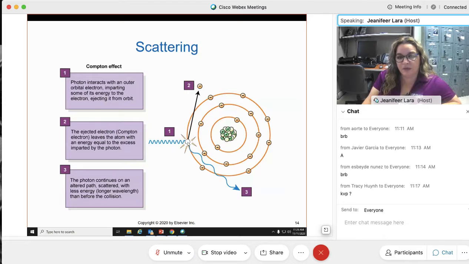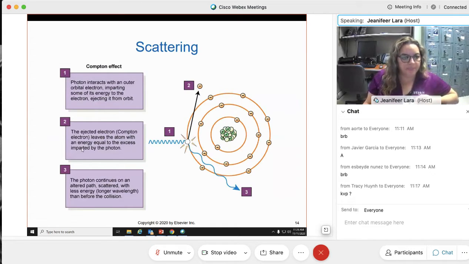We lost some of the energy and now we're moving on. Whether this Compton photon makes it to the image receptor, whether it leaves the patient and gets absorbed into the occupational worker, or whether it continues on to further cause any ionization or Compton scattering effects, it has that ability.